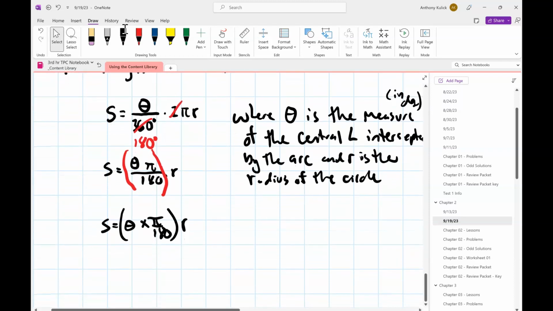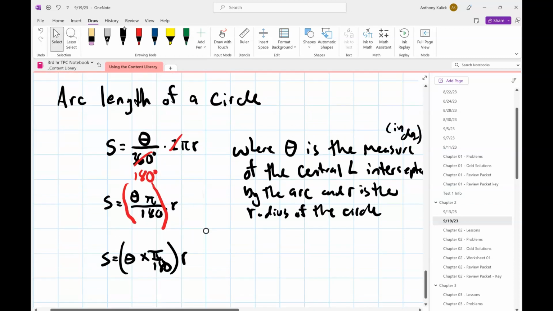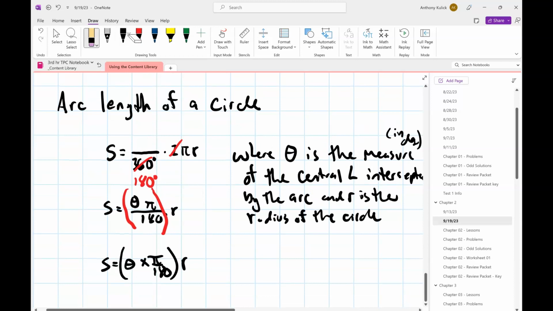Let me do this, that'll make it clearer. I'm going to add a D subscript to the theta to indicate that it's in degrees.